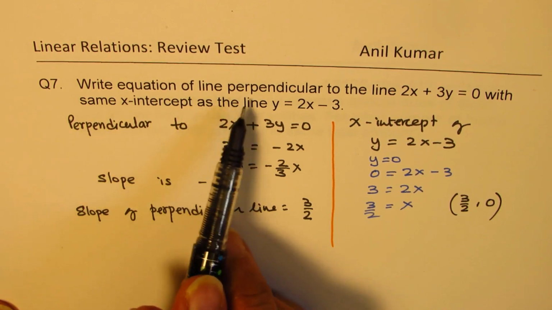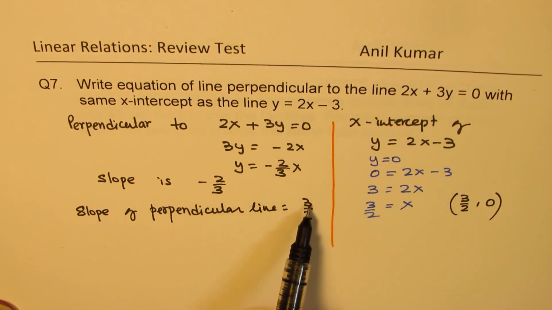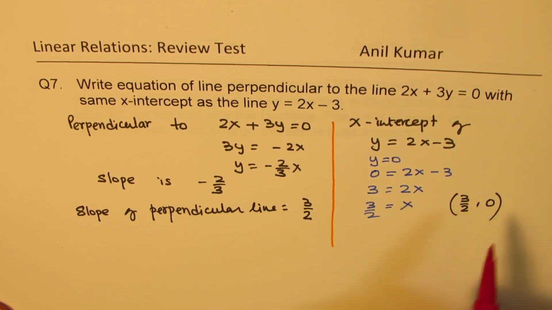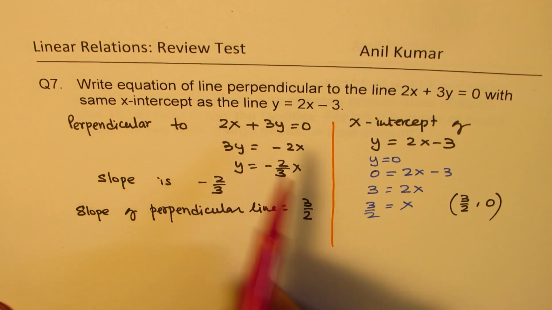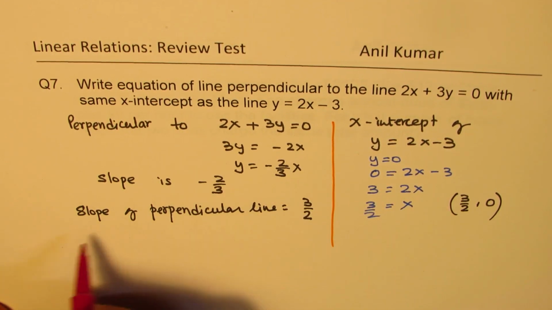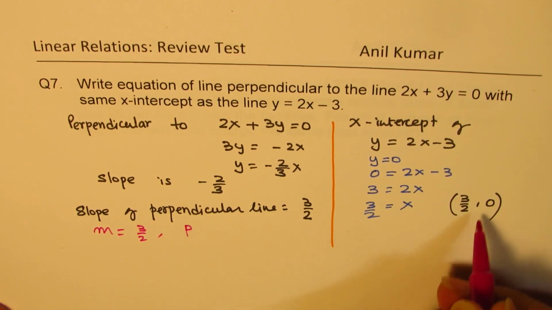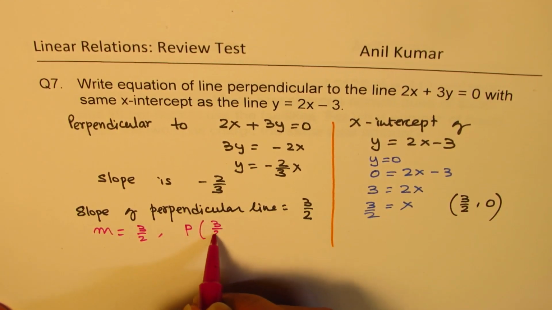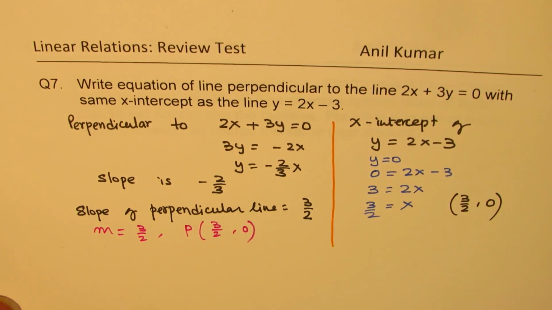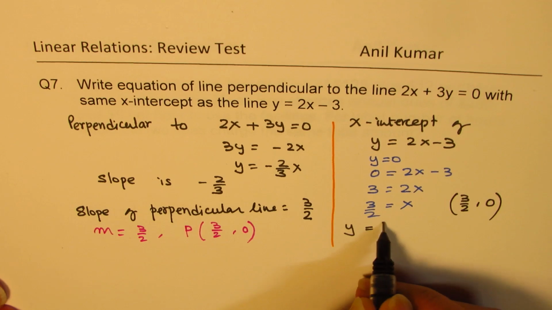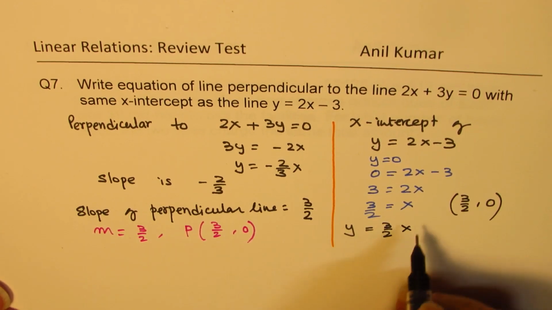Perfect. We need to write the equation of a line perpendicular to this. That means the slope should be 3 over 2, right? And the point is the same x-intercept, meaning this is the same point, right? So we have slope m of 3 over 2, and a point which is the x-intercept, 3 over 2, 0. Is that clear to you? So those are the conditions given to us. So the line will be y equals 3 over 2x plus b.